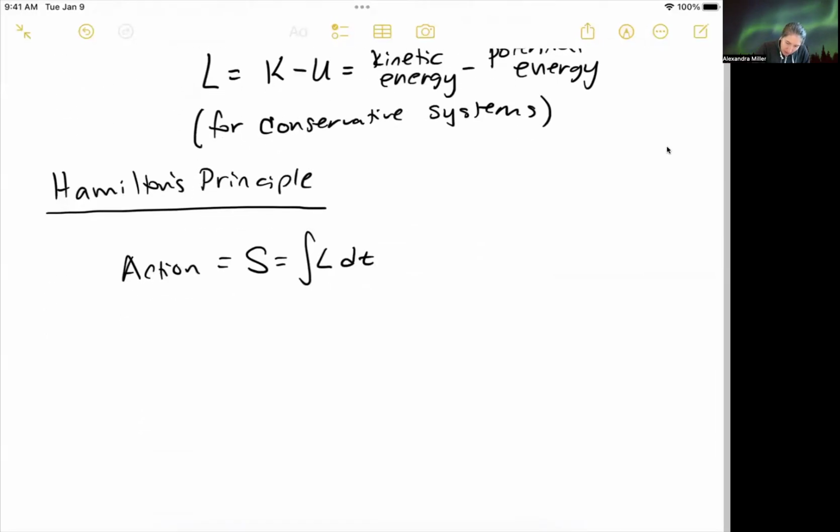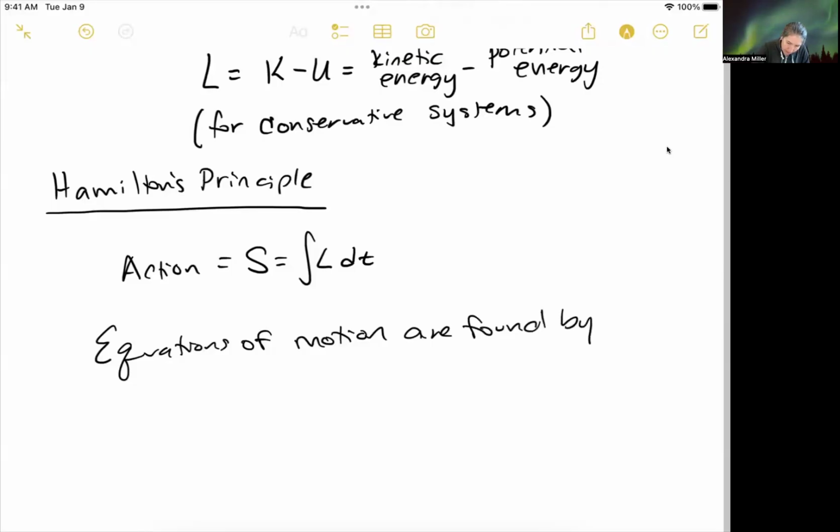And this action is known as a functional, and the equations of motion for our system are found by extremizing the action, right? Extremizing meaning, just like in calculus, right, finding maximum and minimum points.